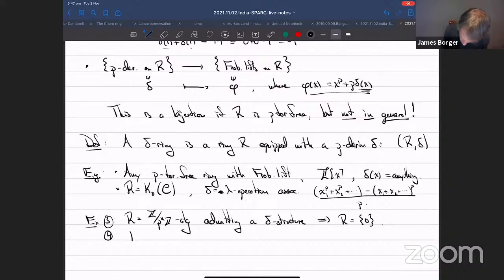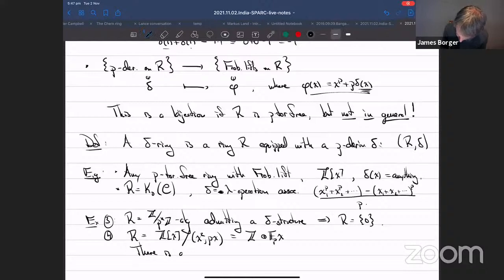So say we have this example. This is just Z direct sum F_p x, where x squared is 0. So certainly there's non-trivial p-torsion. Then there is a unique p-derivation satisfying delta of x equals 0.